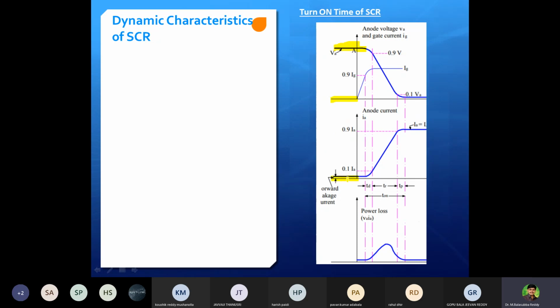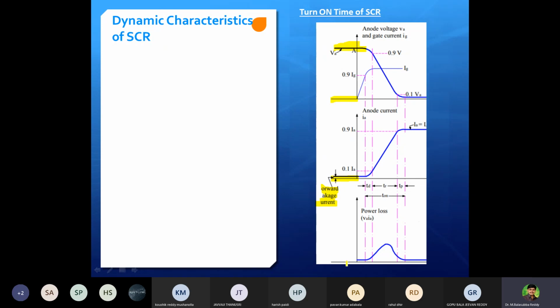Anode current is 0 or a very small amount of leakage current. So that is a forward leakage current. This is nothing but a very small magnitude because J1, J3 are forward biased, J2 is reverse biased. Very small leakage current passes through the junction J2.